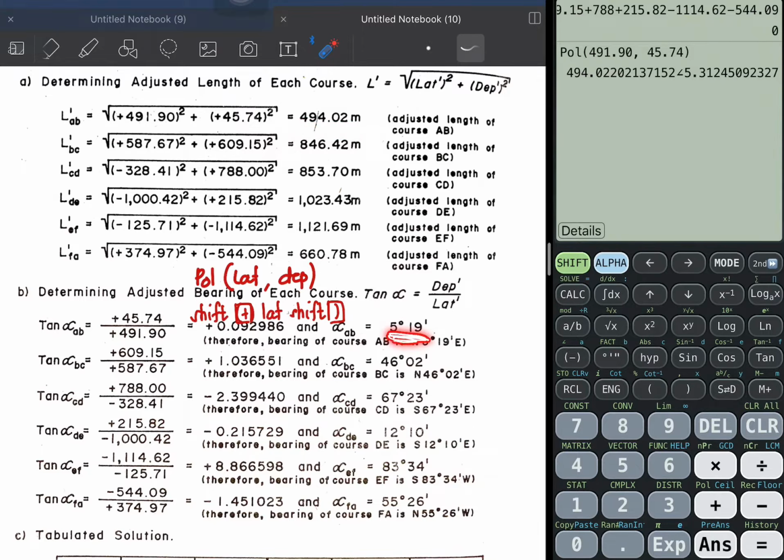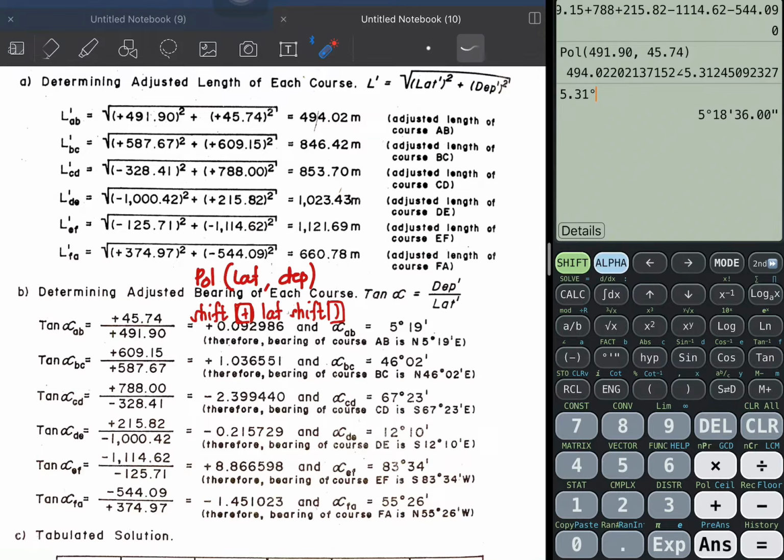Okay, so you have your answer. 494.02, and then the angle is 5.31. So to convert 5.31 to degree form, you just type 5.31 and then press the degree, minutes, and seconds. That automatically converts your value to the angular form.